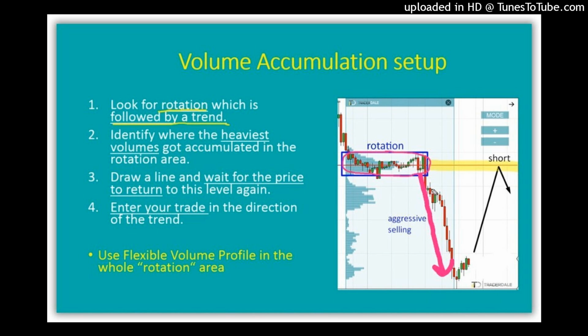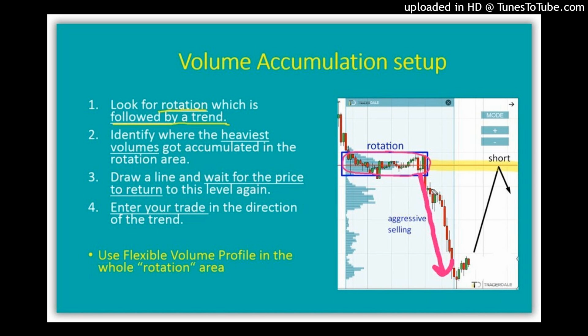And the same goes for failed auctions. So if there's some rotation, and let's say that in the rotation there are candles like those two ending at the same price level like this, then this is a failed auction.